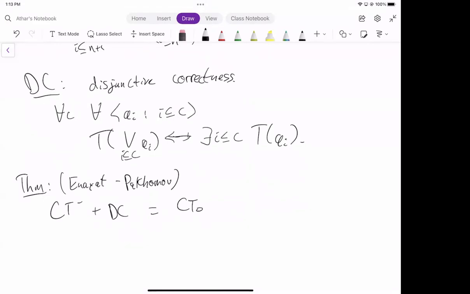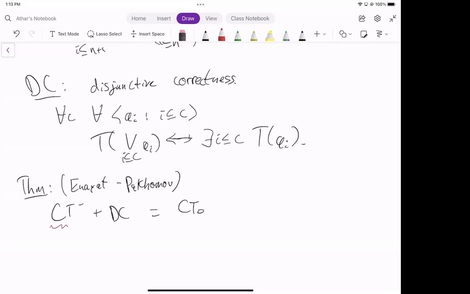And so this is somewhat interesting, but this tells you essentially that if you have a model of CT minus that does not have that level of induction, then it's going to have some true disjunction which has no true disjunct, or vice versa.